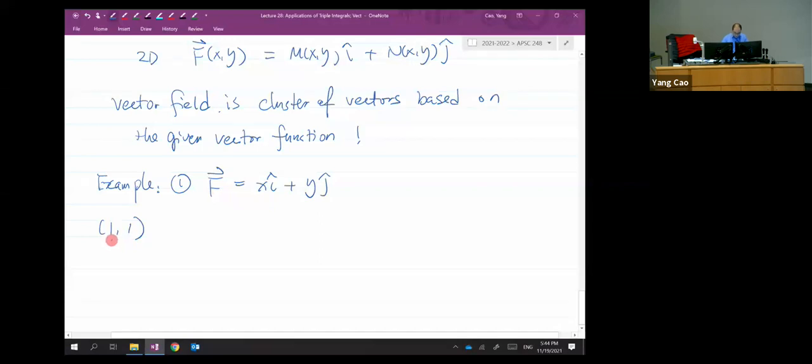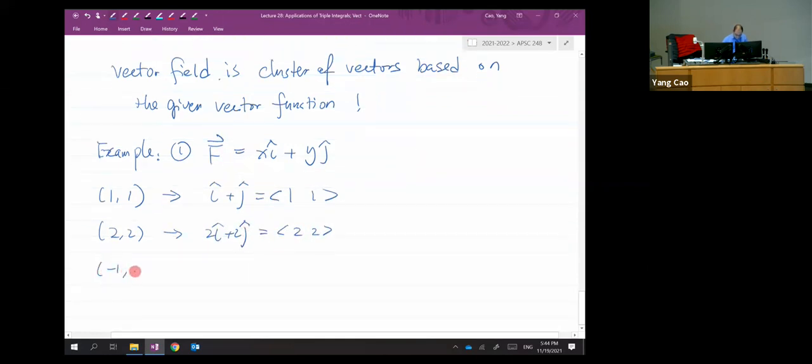Let's see, plugging in x equal to 1 and y equal to 1. Then this vector function gives me i hat plus j hat, or just write it as 1, 1 like that. And if you plug in 2, 2, you get 2i hat plus 2j hat, or just 2, 2. If you plug in -1, -1, you end up with -1, -1.